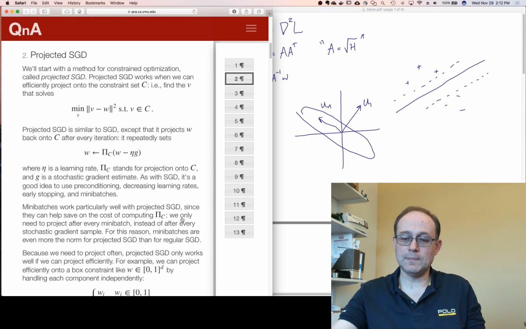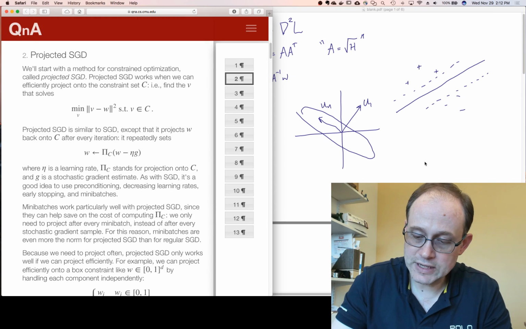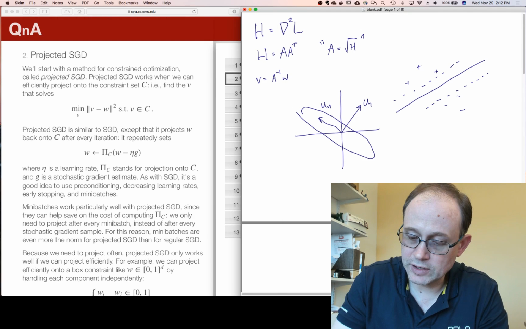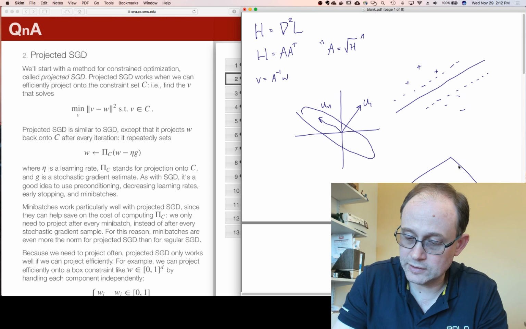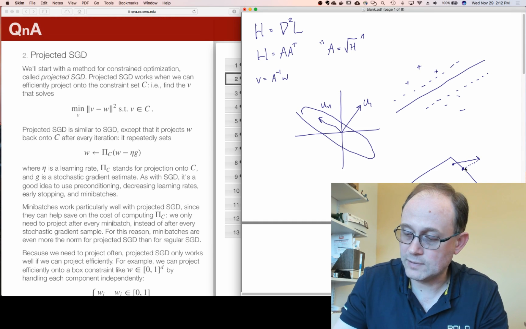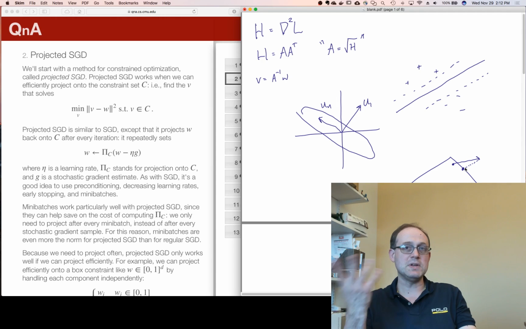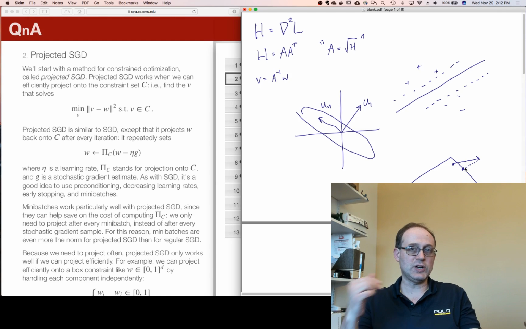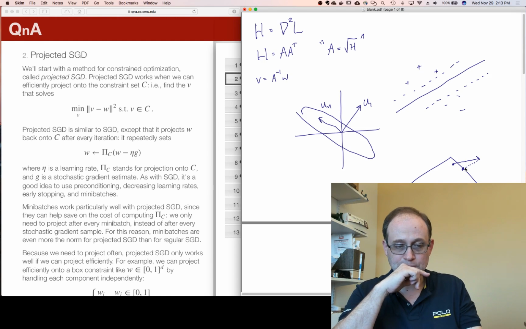For example, if we have a constraint set that looks like this, and let's say we're here and we take a step out to there, we would project back, and our next iterate would be there. Projection just means minimizing the Euclidean distance subject to remaining in the constraint set.